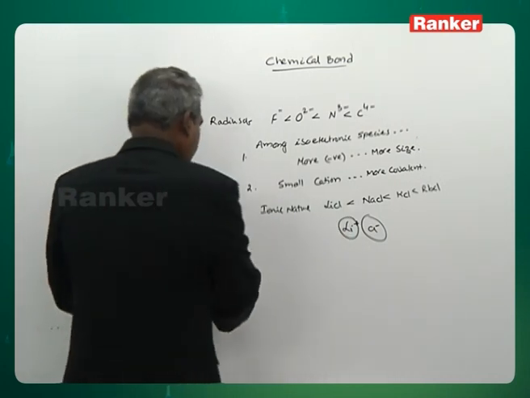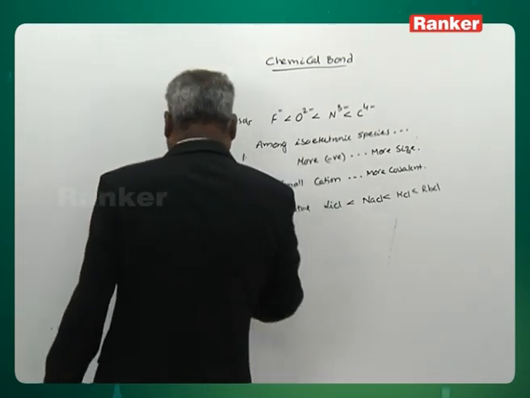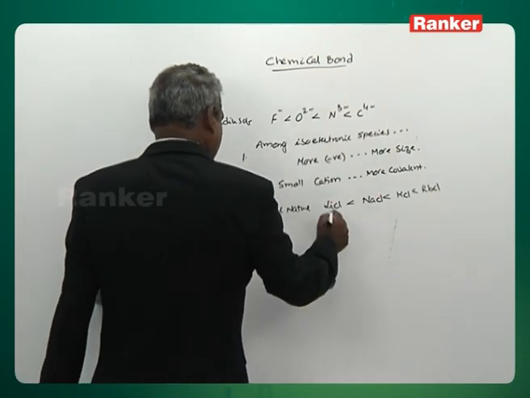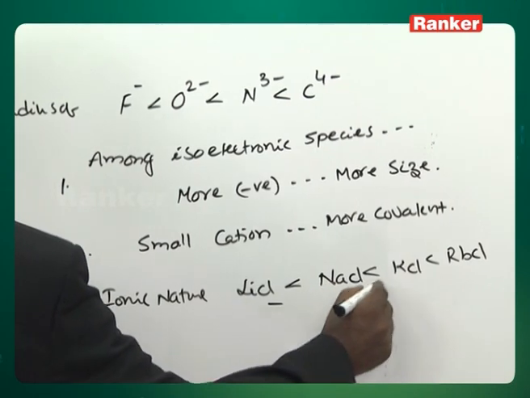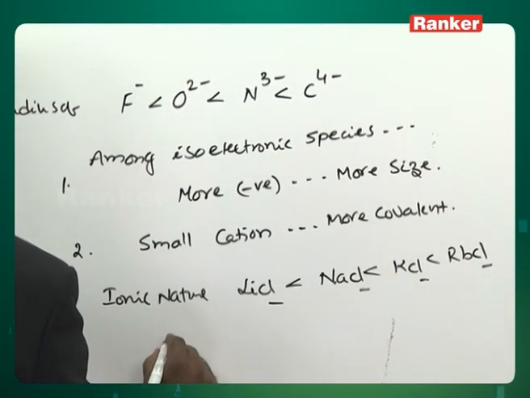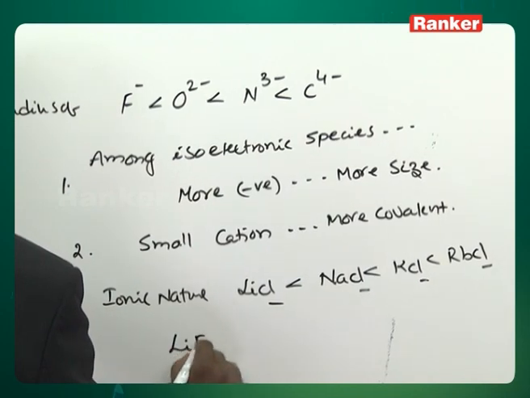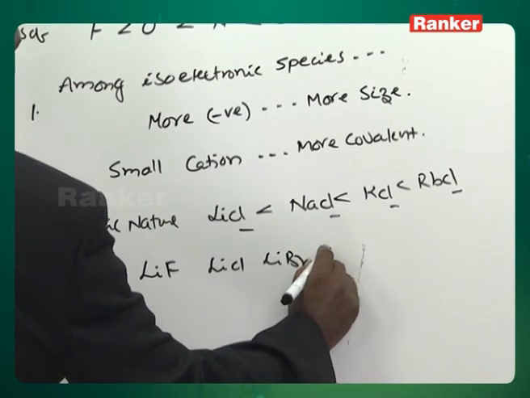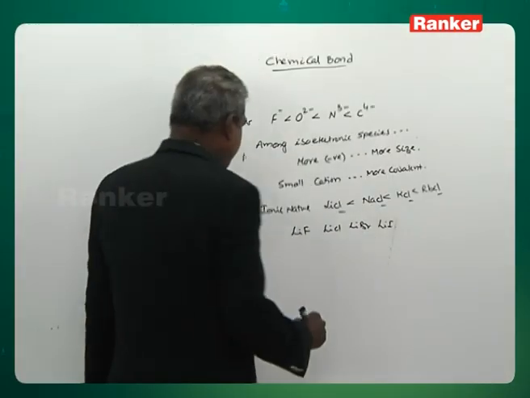So you take the fluorides of the same element. Here I have taken chlorides of different elements. I have kept the anion the same, Cl minus in every case, and changed the cation. But this time I will take LiF, LiCl, LiBr, LiI.